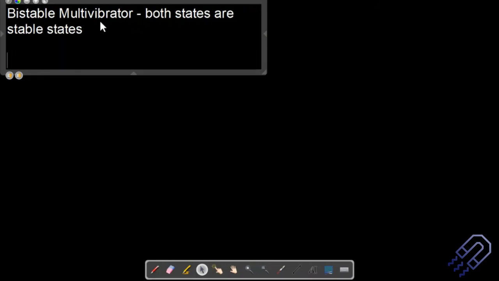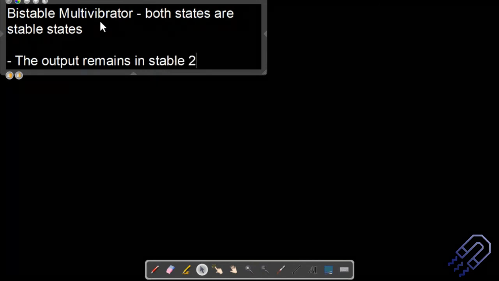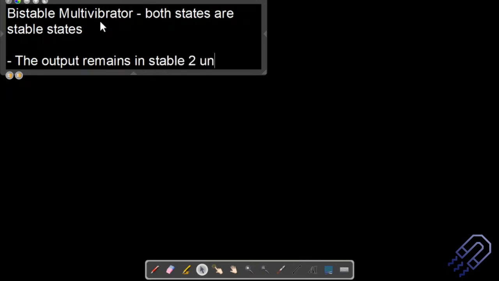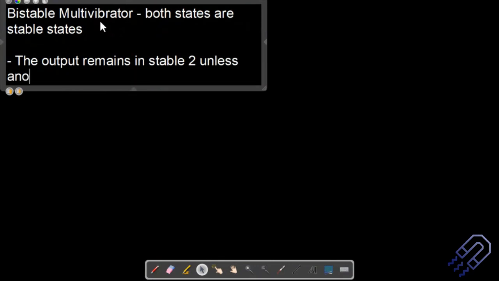In general, you can just write down this: the output remains stable in, let's say, stable 2. I'll give you the state names, stable 2, unless another trigger is given. So until and unless I give a trigger, it's going to remain in that state.